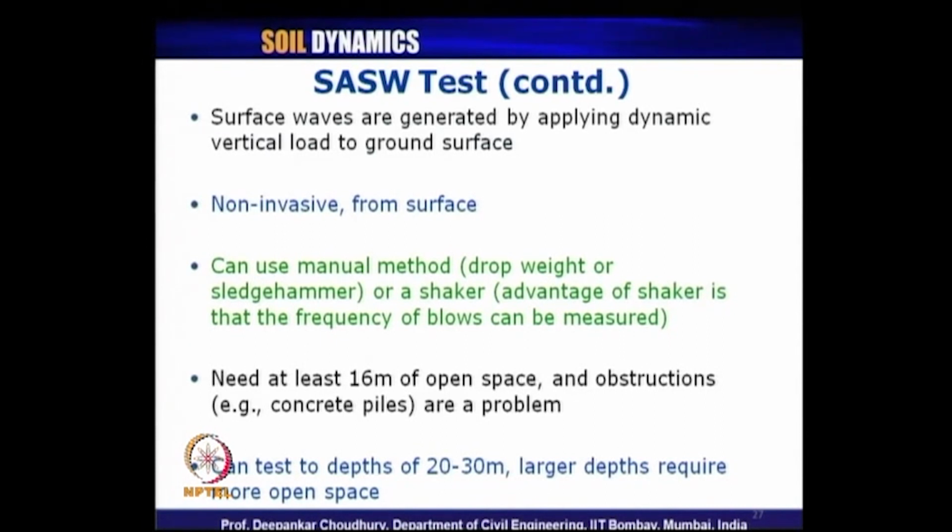You can use a manual method such as a drop weight or sledgehammer to create the vibration, or a shaker. A shaker is an instrumented vibration source created in the soil media, and the advantage of the shaker is that the frequency of the blows can also be measured. So, you know one more input, whereas in the manual method you cannot find out the frequency of the vibration generated in the test procedure.